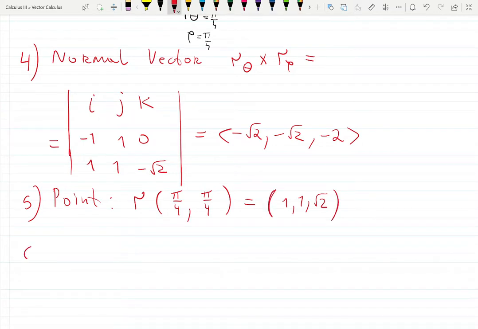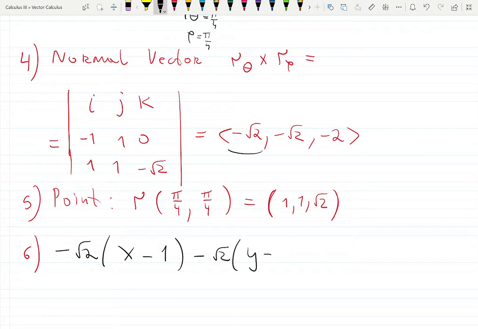And finally you build the equation. The equation of a tangent plane with the given point and the normal vector we found is: minus square root of 2 times (x minus 1), minus square root of 2 times (y minus 1), minus 2 times (z minus square root of 2) equals 0.